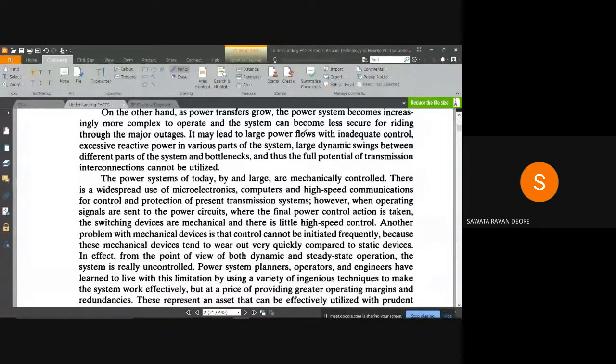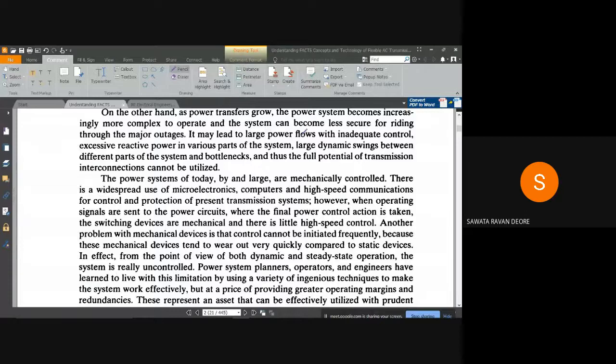So again, these mechanical switching devices have a very large time constant. Let's say, for example, if we have a mechanical switch, as we say in our house, there is a mechanical switch to turn on your electrical appliances and turn them off.